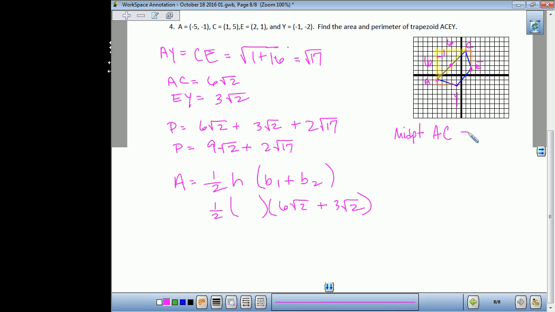That midpoint of AC is the point -2. Okay, so now we need the midpoint of EY. We add them up, divide by 2, and we get 1/2.